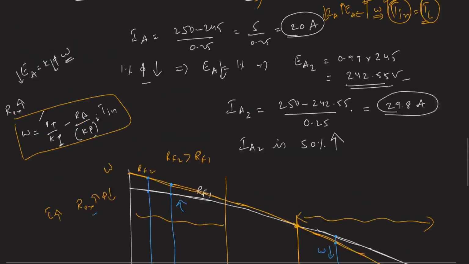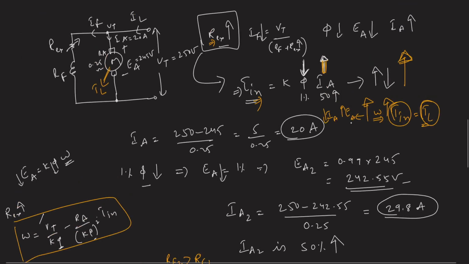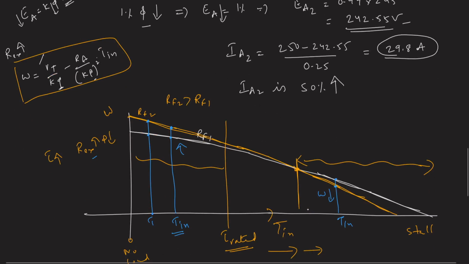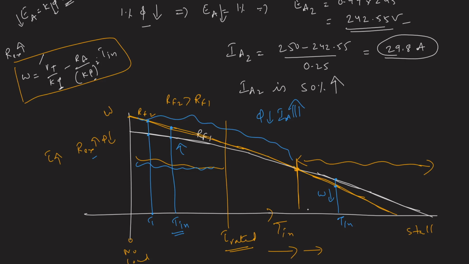Now I have said here that the effect of flux reduction is more severe than the effect of the change in armature current. During this initial region, the flux reduction is very small, but IA is very large, up to here.